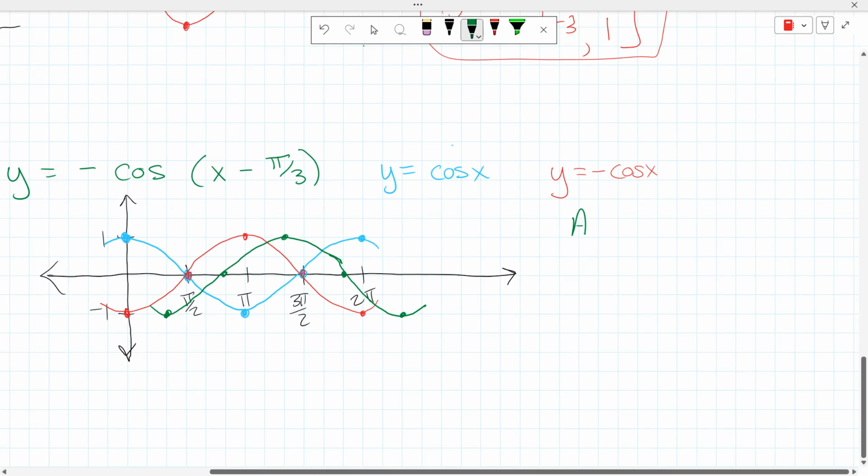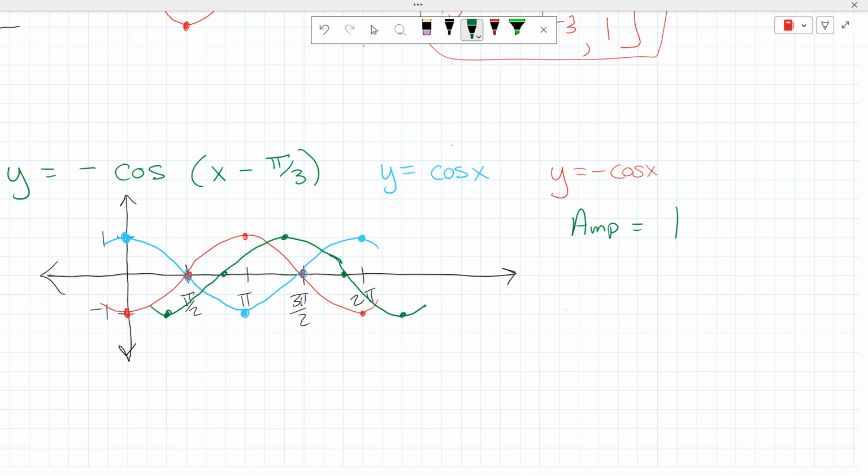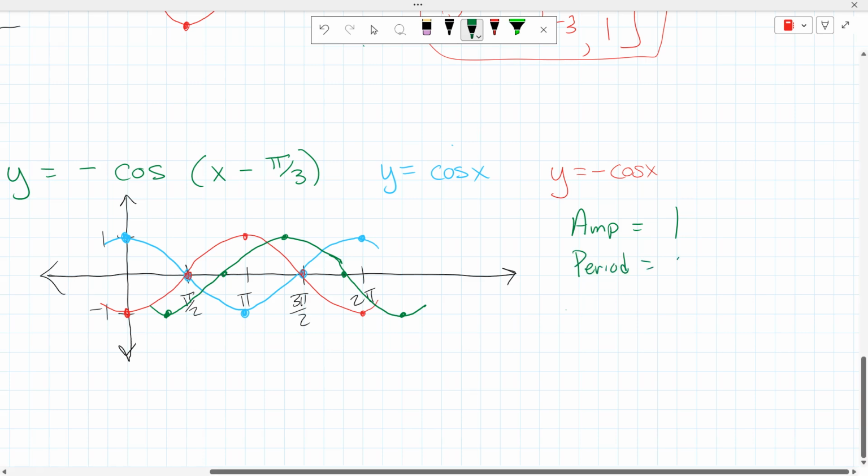All right, so for this one, what's my amplitude? Amplitude, you take the absolute value. It's 1, okay? Always going to be positive for amplitude because it goes from the original point, it goes up 1, down 1. So 1 is the amplitude. Period. Well, today's period will always be 2 pi. Period is always going to be 2 pi today for the answer.